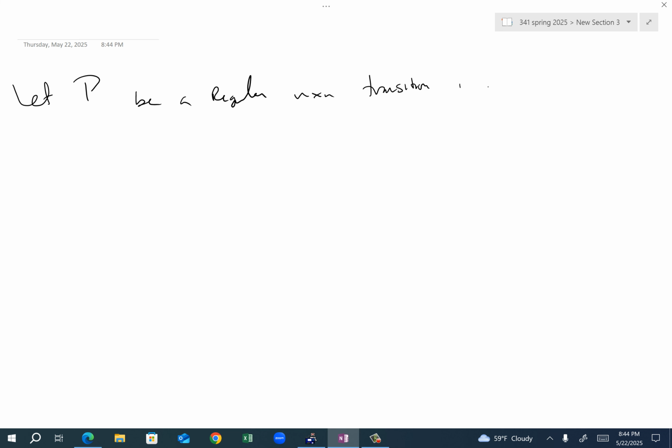Weird, huh? This vector is the steady state probability vector for P.